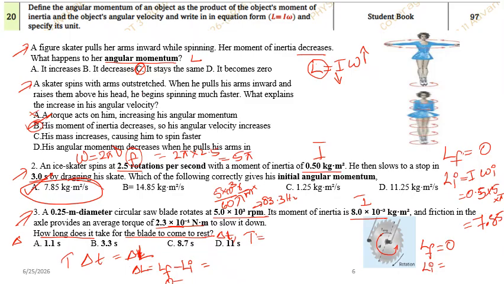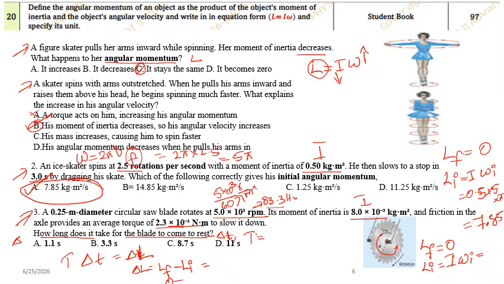To calculate L initial, I need to look at the values given in the question. I value they have directly given. And what about omega initial? Omega initial, they said it is 5000 rpm, that I have converted into rps, in 1 second. So this is the frequency they have given, as we did in the previous equation.